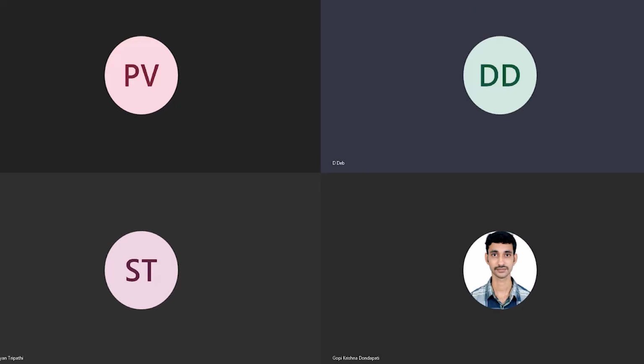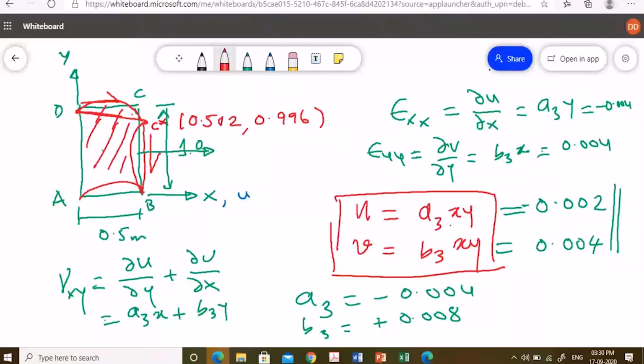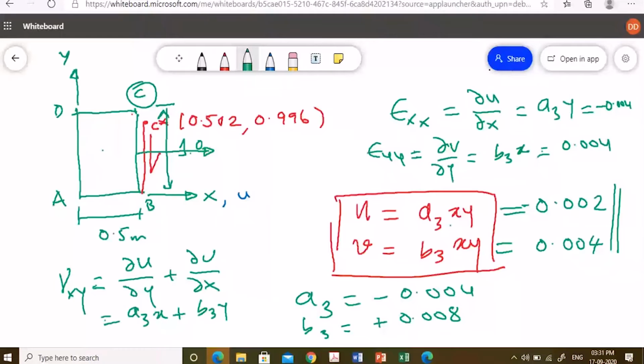Now the extension of this also I can give. Let me just delete this part and redraw that. Let's say now I know the strain tensor at point C. Now if I ask you, okay, what will be the strain tensor in this direction at point C?